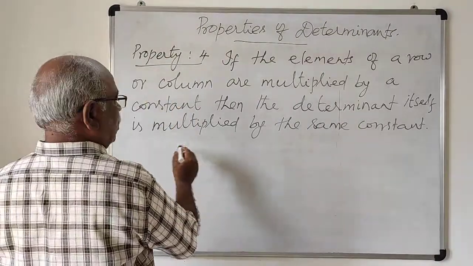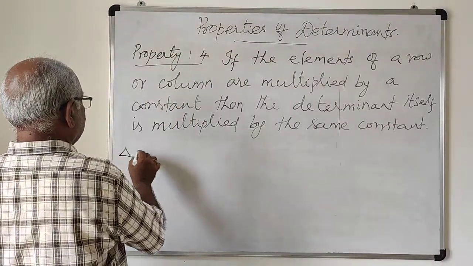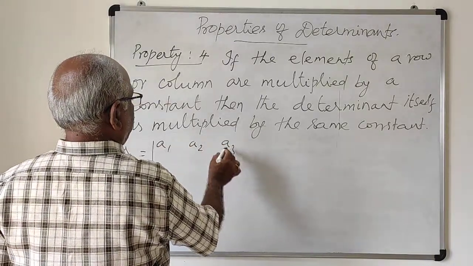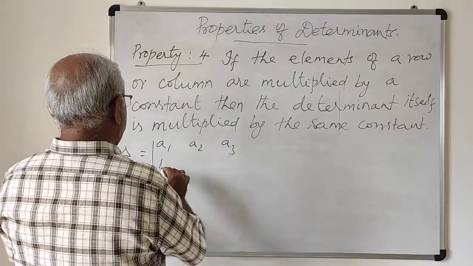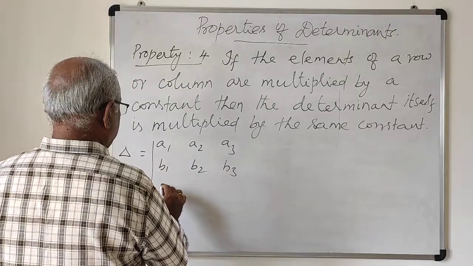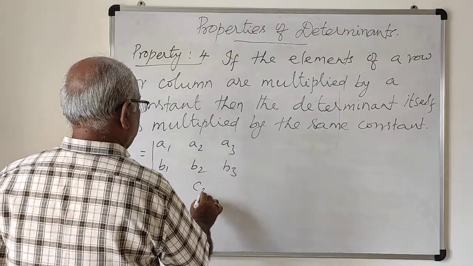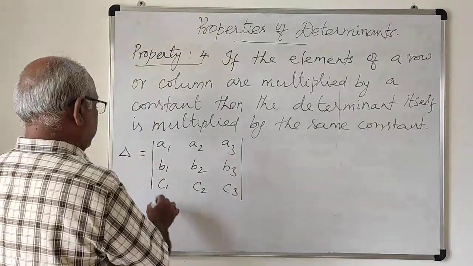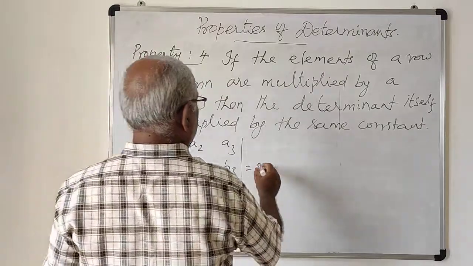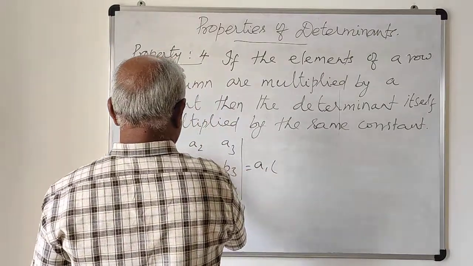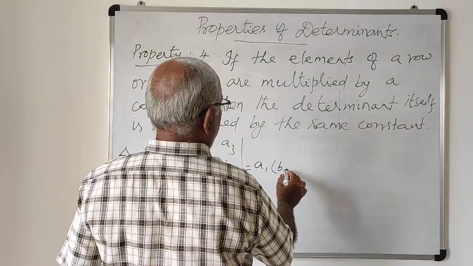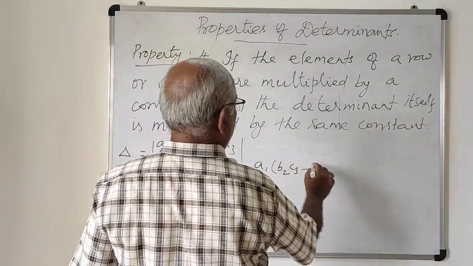Consider a determinant delta. You know A1, A2, A3, B1, B2, B3, C1, C2, C3. This is the determinant delta. Expanding the determinant by R1, you know, A1 into (B2 C3 minus B3 C2).